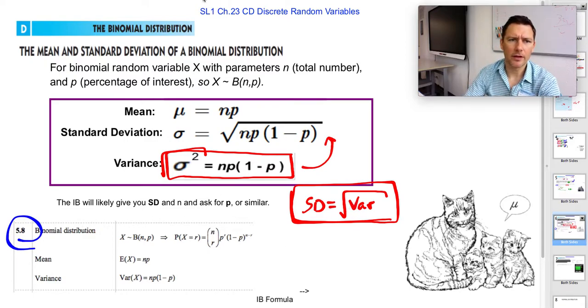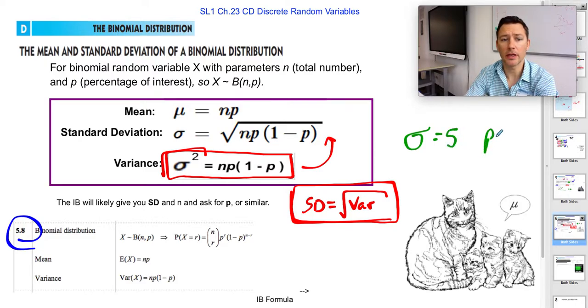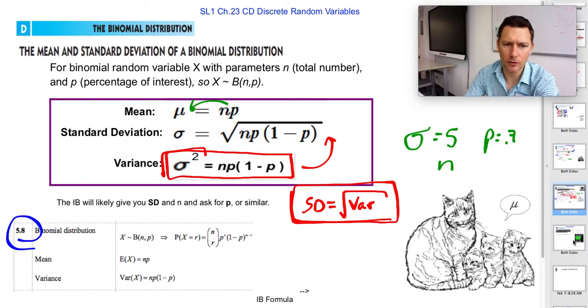But generally they'll just ask you to use this. They'll say, hey, the standard deviation is 5 and the probability that something happened is 0.7. Find the number that occur. You just use one of these to figure those out, and then maybe later use it to find the mean. They don't show up that often, and generally they're just following the formula from one to the other.